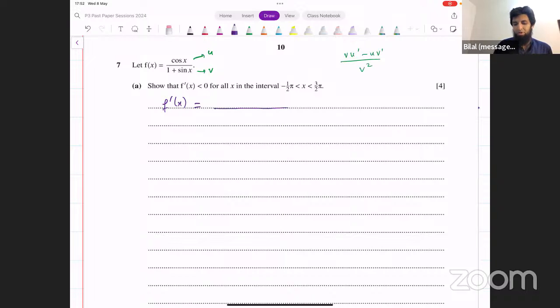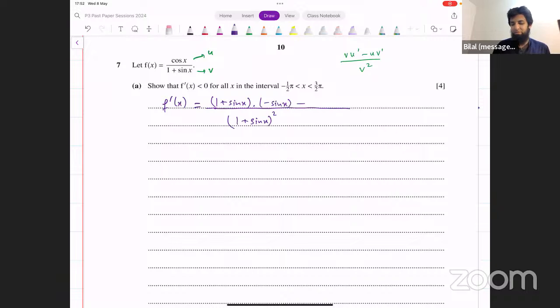Now, in the denominator, we get 1 plus sine x whole squared. In the numerator, v comes as it is, that is 1 plus sine x, multiplied by u dash. What's the derivative of cos x? The derivative of cos is minus sine, so it becomes minus sine x.